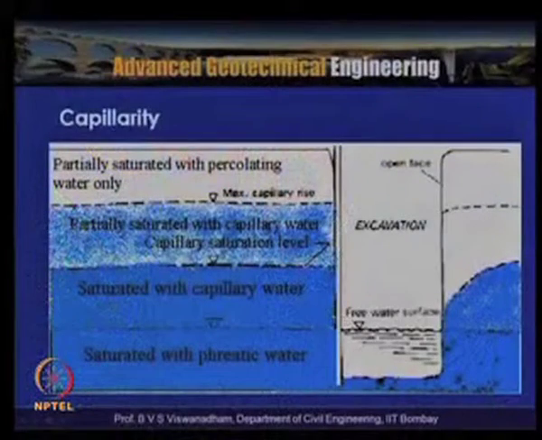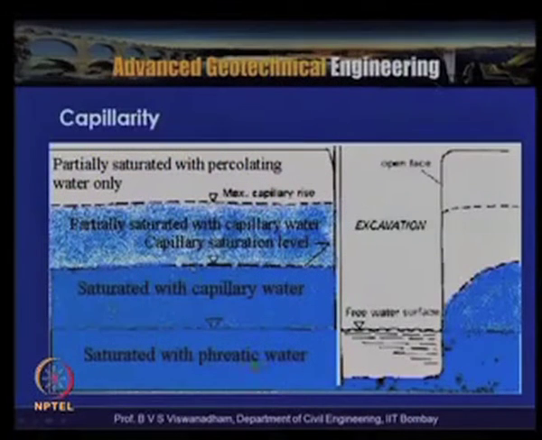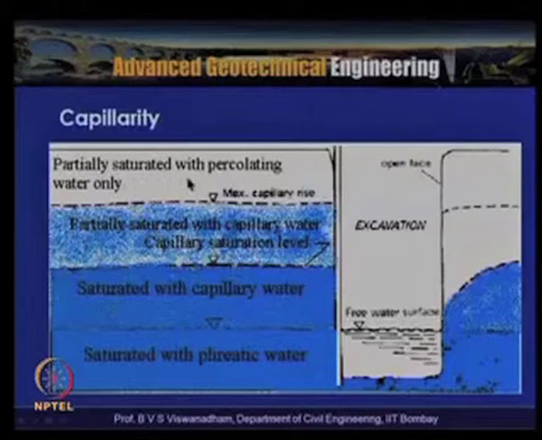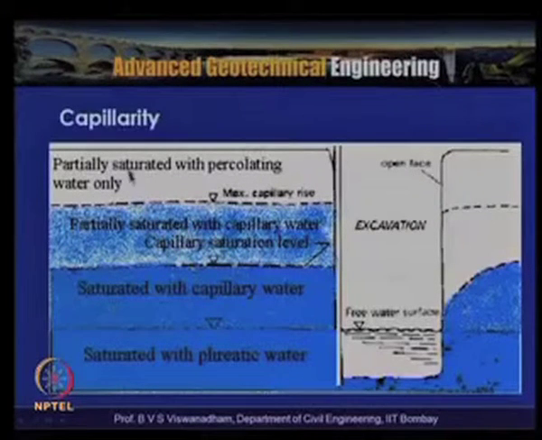So, here in this particular slide, for an excavation site, suppose this is the groundwater table. This is saturated with the phreatic water, and this is saturated with the capillary water, and this is partially saturated with capillary water, and partially saturated with percolating water only. So, here there is a possibility that ingress of rainwater can come because of the precipitation of the rainwater.